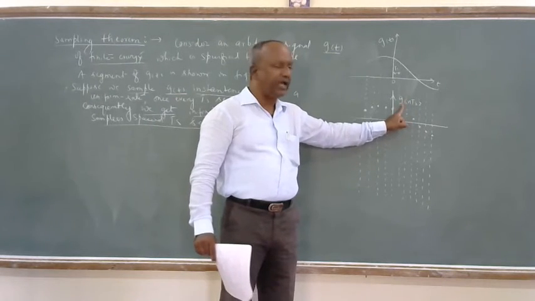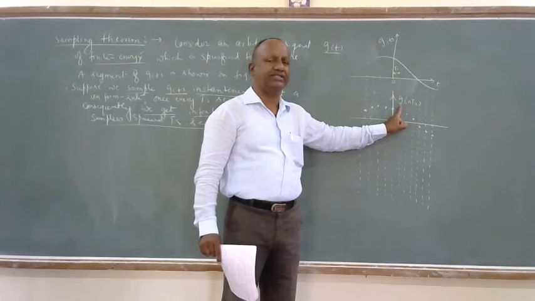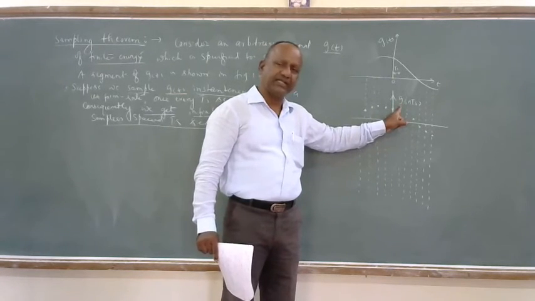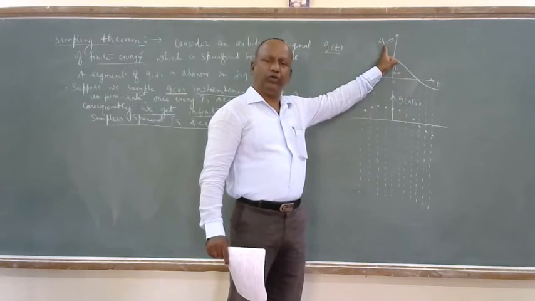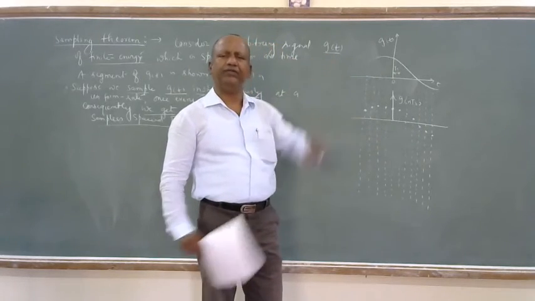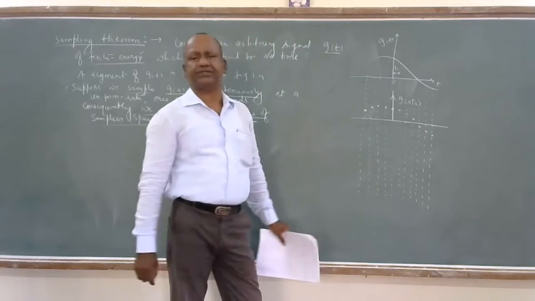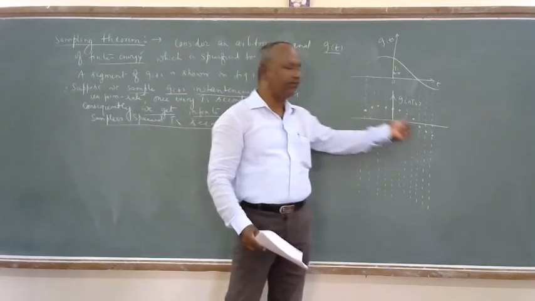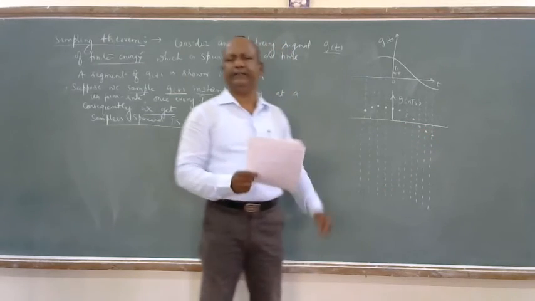So this way I am writing this as a sequence of sample values by the symbol g of nts. Lowercase g because it is in the time domain only. Lowercase g for time domain, always; uppercase for frequency domain. So this is what I am getting as the output of the sampling process: a sequence of sample values.